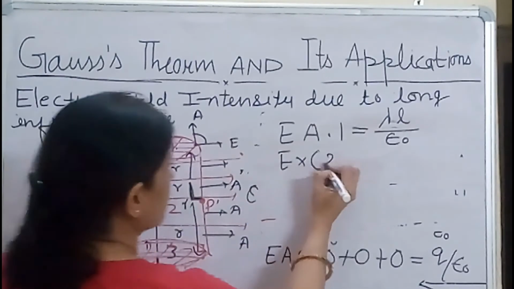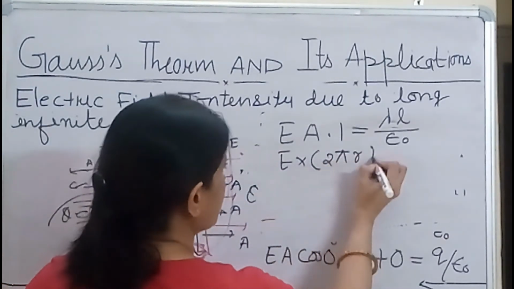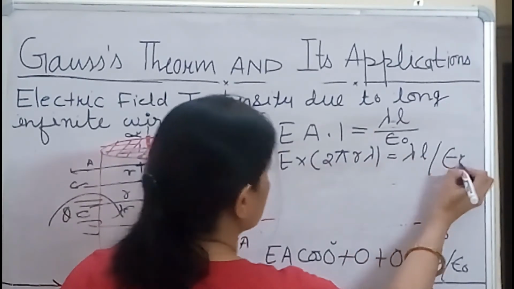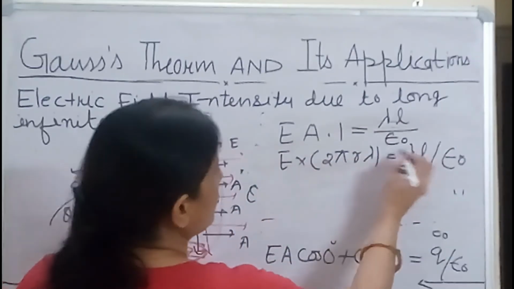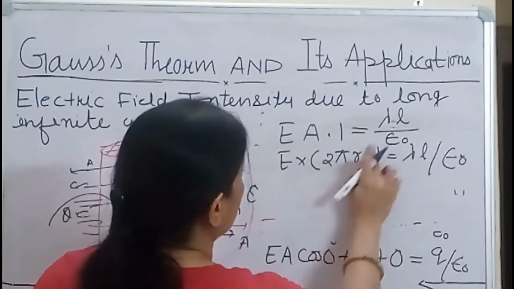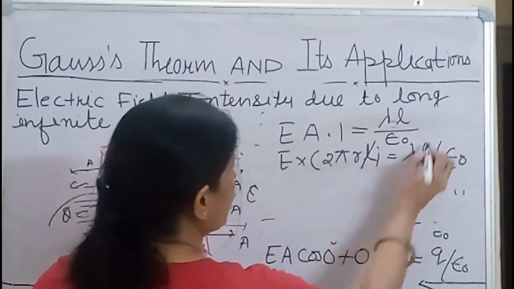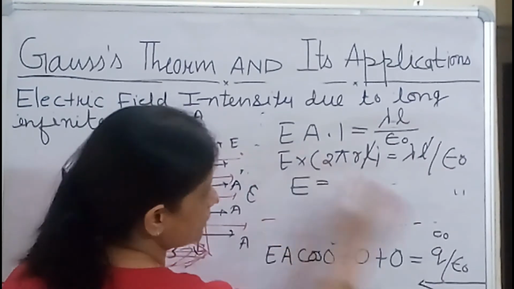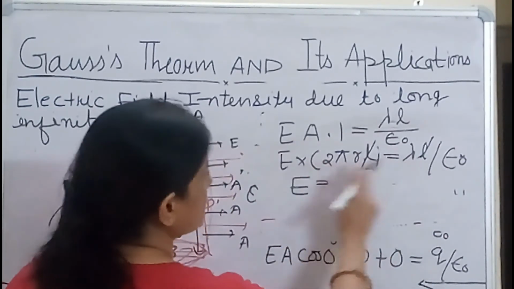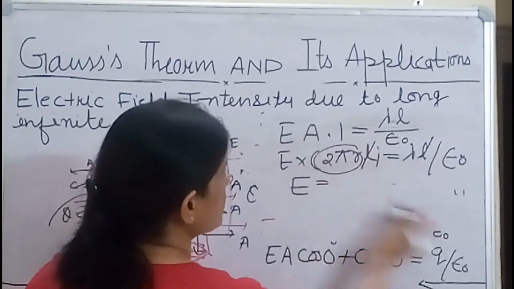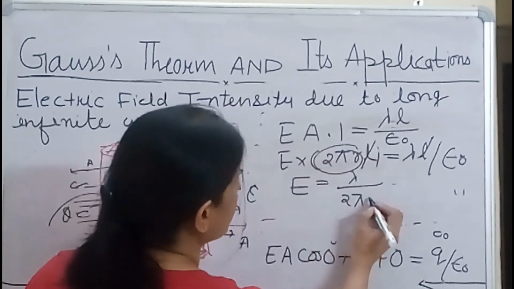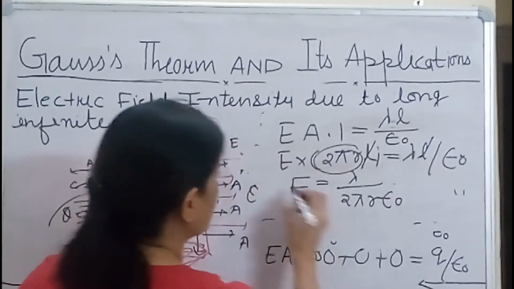A is 2 pi r L, equal to lambda L upon epsilon naught. L and L cancel. So E is equal to, sending this quantity to the right hand side, lambda upon 2 pi r epsilon naught.